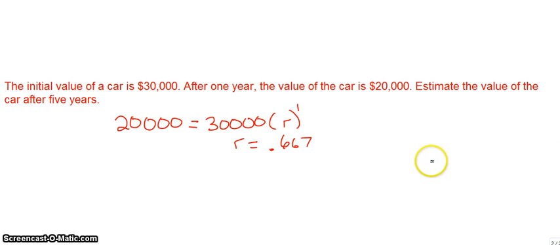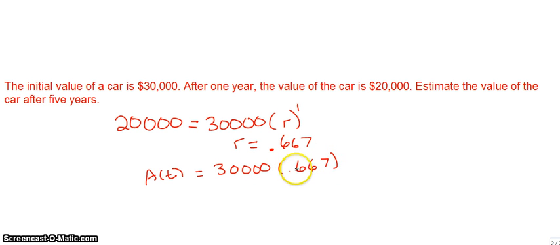Now, I want to know the value after 5 years, so I don't know this. My initial value, still that 30,000. My rate we determined to be 0.667. And then my time is 5.